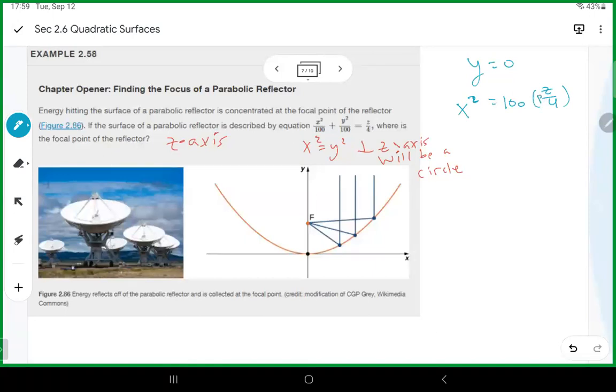So if we rewrite that, we get x squared equal 4pz, which is going to give us 25 equals 4p. Sorry, there's an extra equal sign in there.